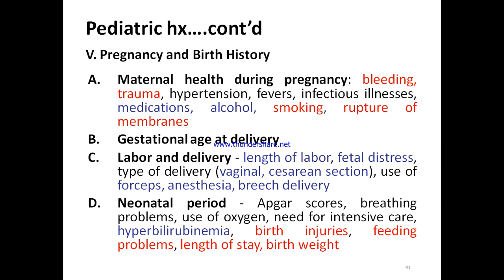So the minimum normal birth weight is 2800 grams and the maximum is 4000 grams. Below 2800 is low birth weight, and greater than 4000 grams is large for gestational age.